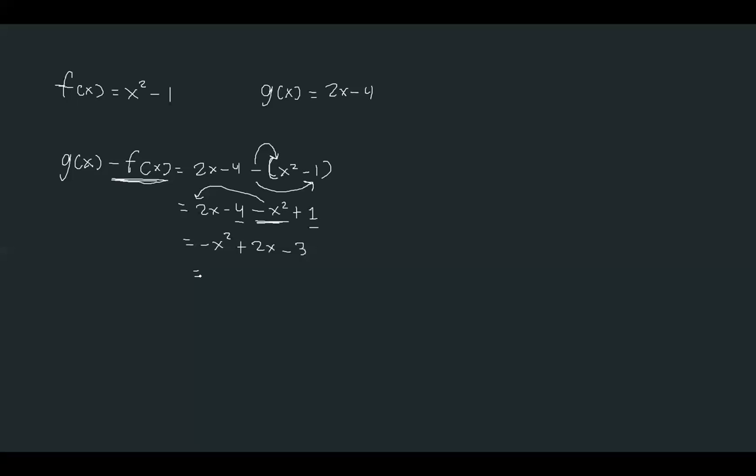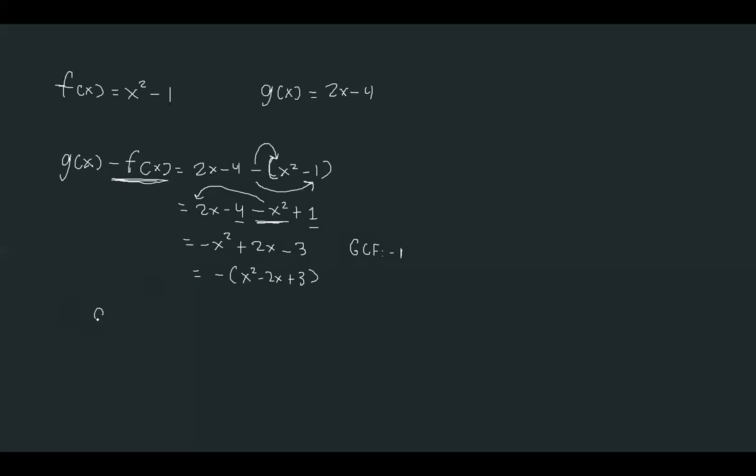If you want to factor -1, meaning your GCF is -1, basically it looks like this: negative, then x squared minus 2x plus 3. That's it.